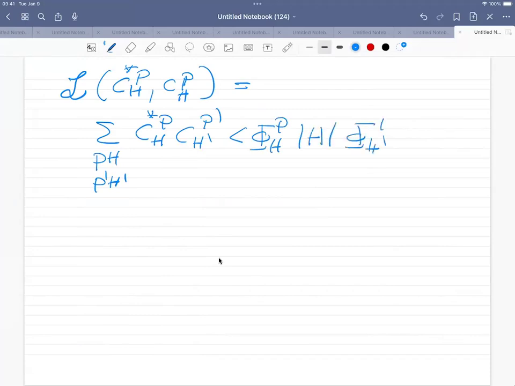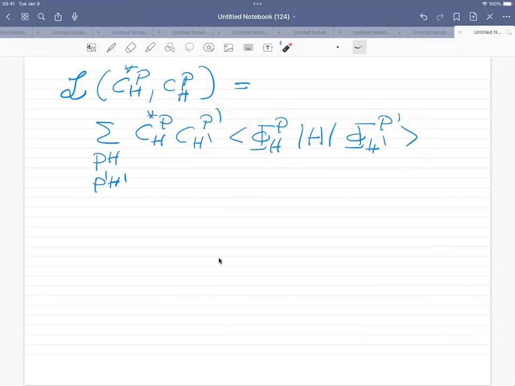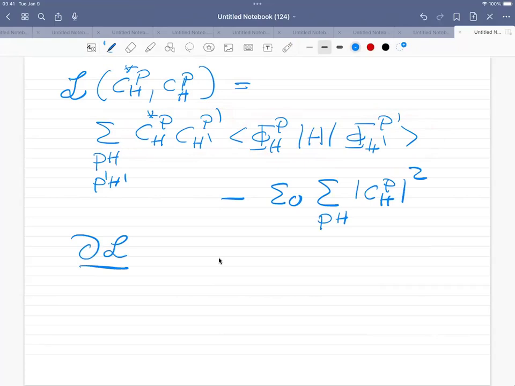And the whole thing with the computational basis is that everything which is inside these sums, except for the coefficients, are quantities which we can evaluate. That's the important thing. And then we have minus E0, and then I have this double sum, which is reduced to a single sum of C of hp squared. And we want to drive this to 0. So we are going to take the derivatives with respect to C complex conjugate of p h, and we want to have this one to 0.